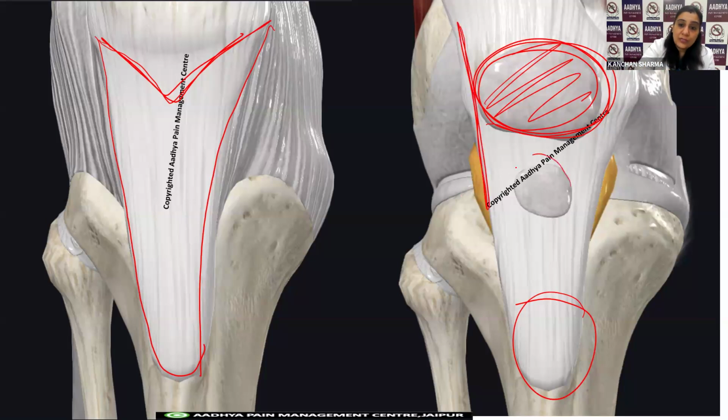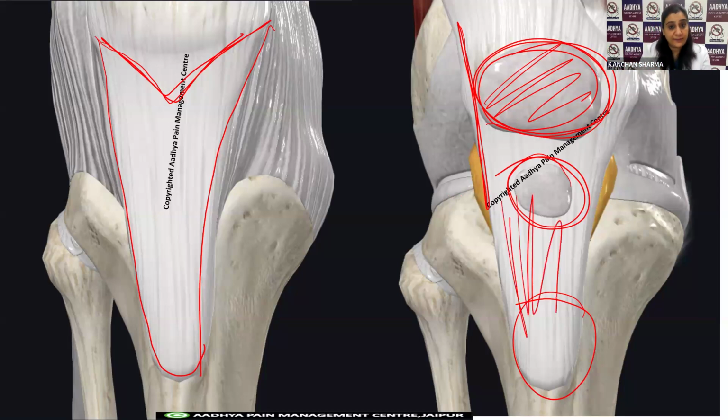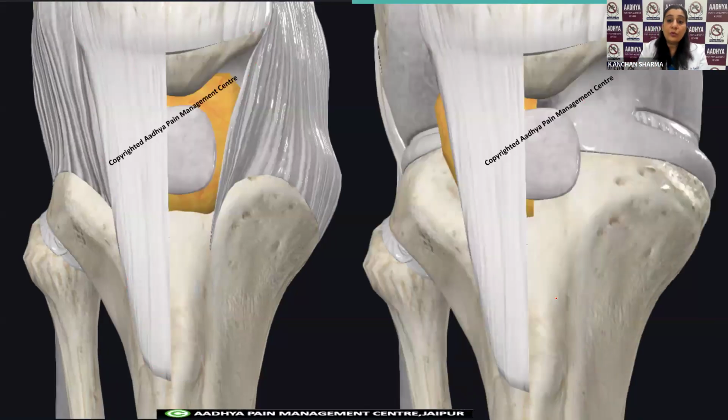When you go a little more down, you have the superficial infrapatellar bursa. This bursa is lying in the subcutaneous plane between the skin and the patellar tendon. Once you go down, you have the deep infrapatellar bursa. This bursa will be lying deep, on the deeper aspect of the patellar tendon.